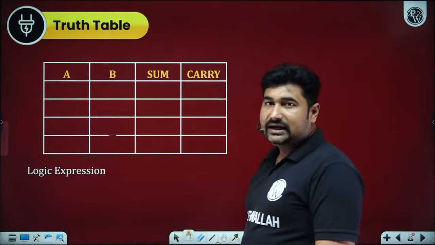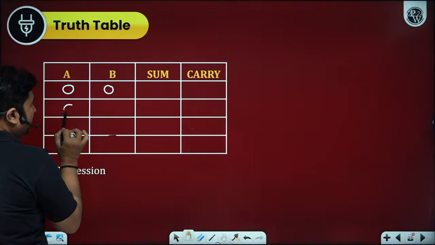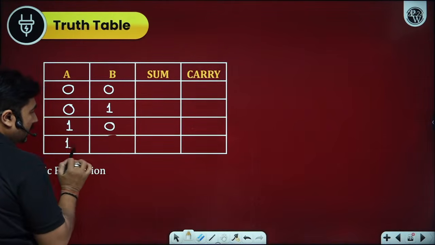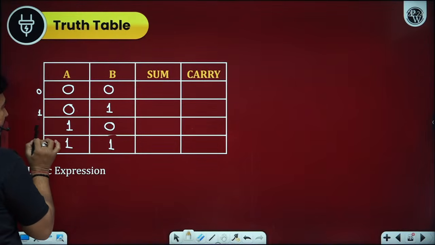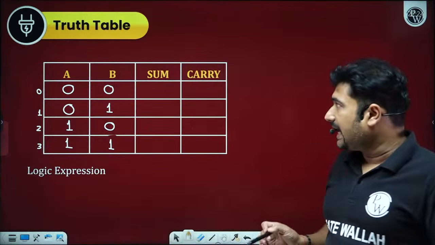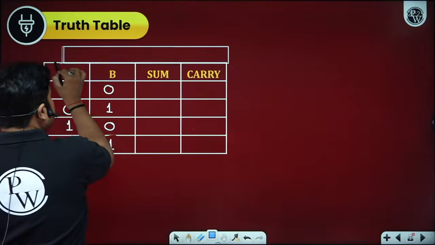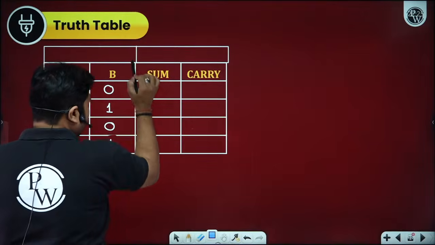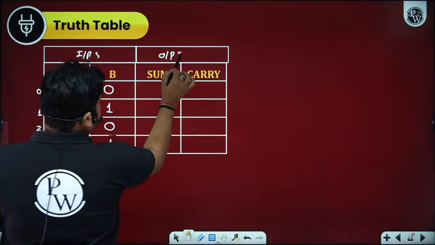We have a total of 4 possibilities for the two inputs AB: either both are low, any one of them is high, or both are high, which can be represented as binary 0, 1, 2, 3. These are the inputs, and this is your output.